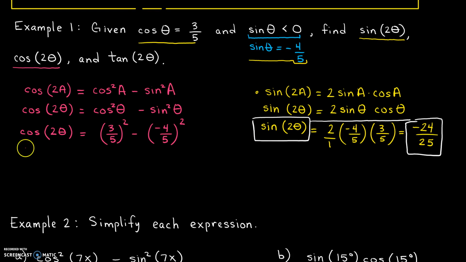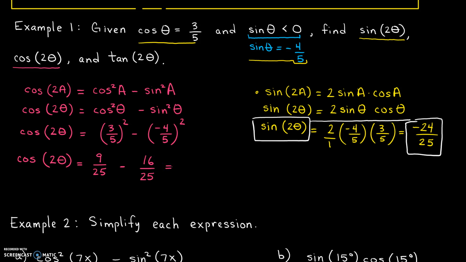We just have to clean this up a little bit. This shouldn't be too bad to do, so we're going to have cosine of 2 theta is equal to, let's see, 9 over 25 minus here negative 4 squared, that's going to be 16, over 5 squared, which is 25, and then we just clean this up here.